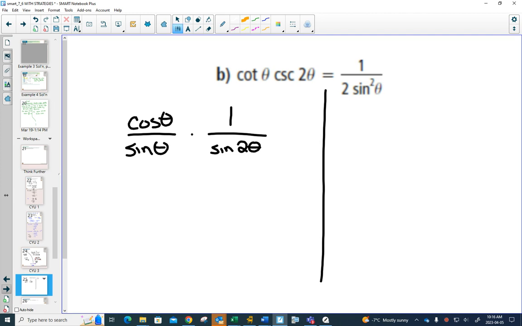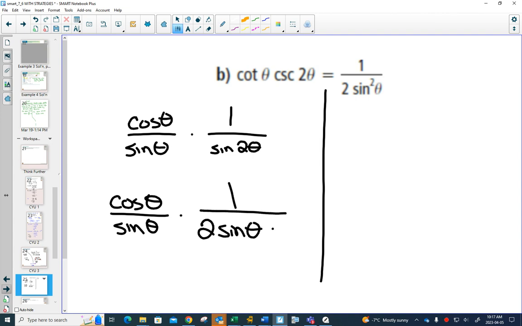Then our only option for sine 2 theta is to change to 2 sine theta cos theta. And we're multiplying fractions. I hope you can see that these factors are identical, so they would simplify.